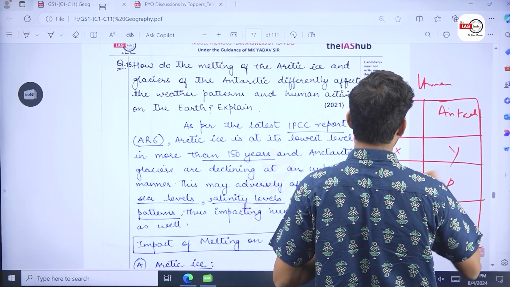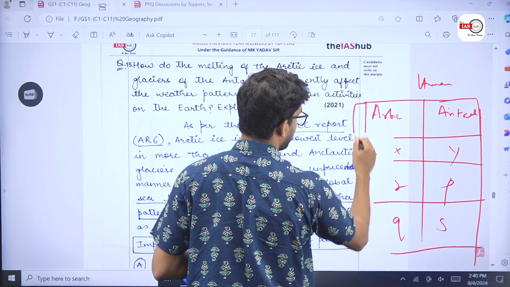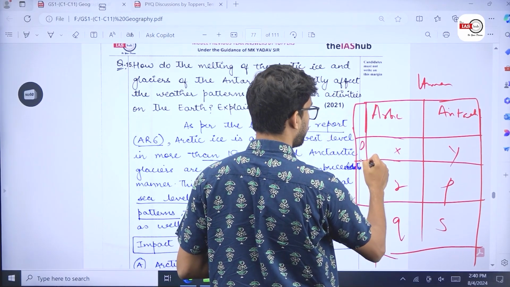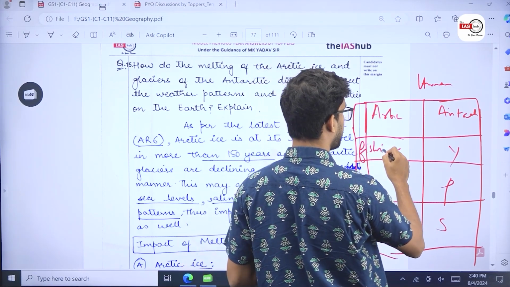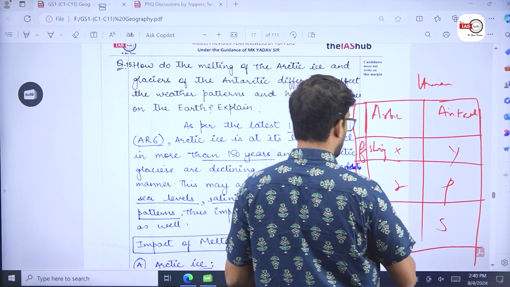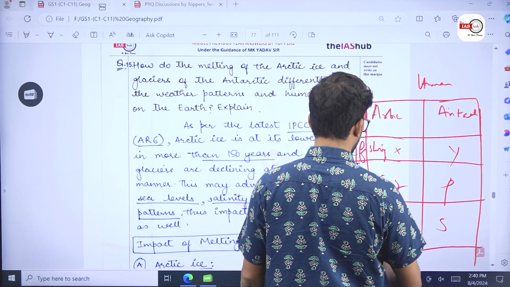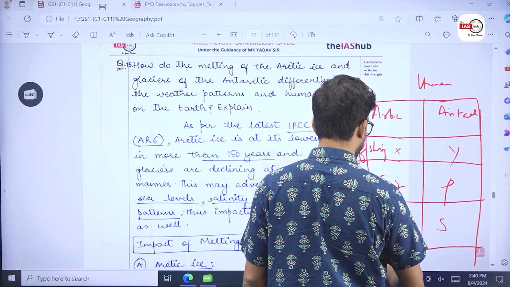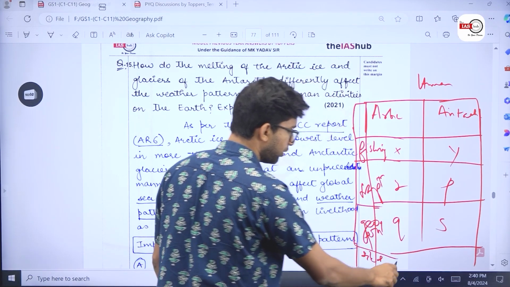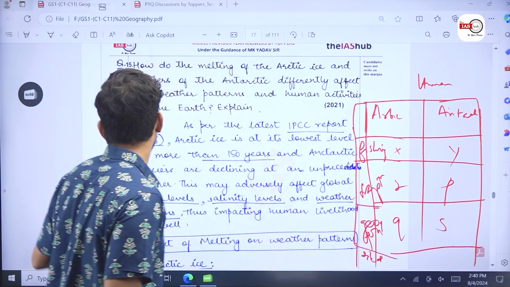How are Antarctic ice and Arctic ice differently affecting them? Here we can have how Antarctic ice melt is differently affecting fishing, and how Arctic ice is differently affecting fishing. How this is affecting transportation, geopolitical activities and things like that, and science and research.